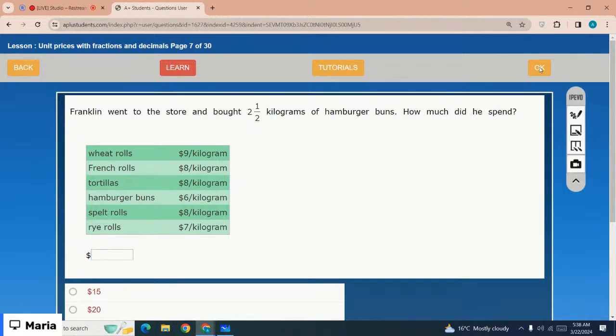Hamburger buns cost 6 per kilogram, right? So you have to do 6 times 2.5. So which is the correct option?